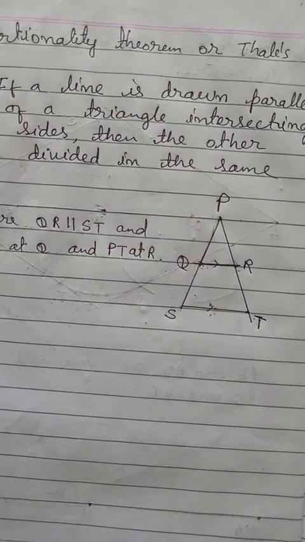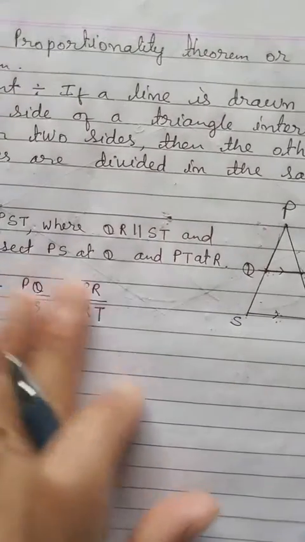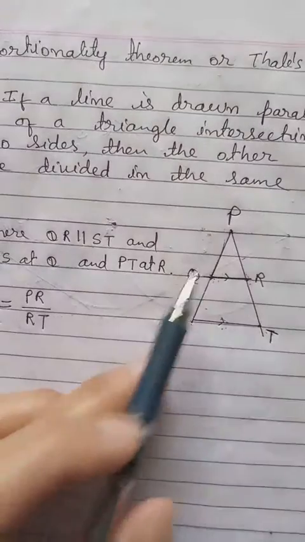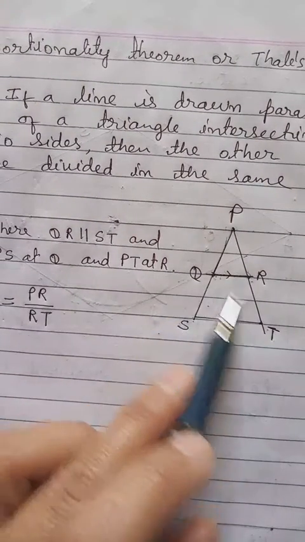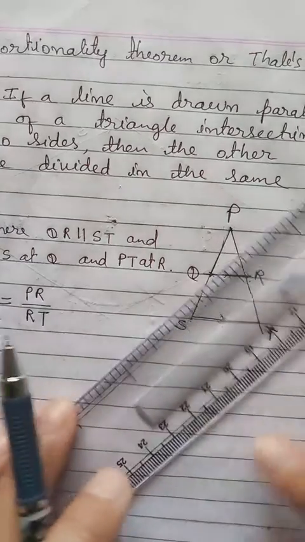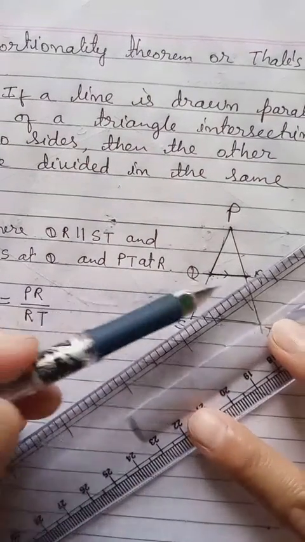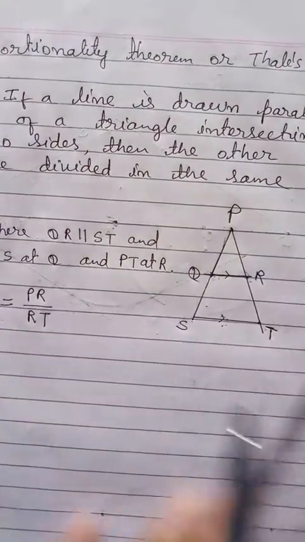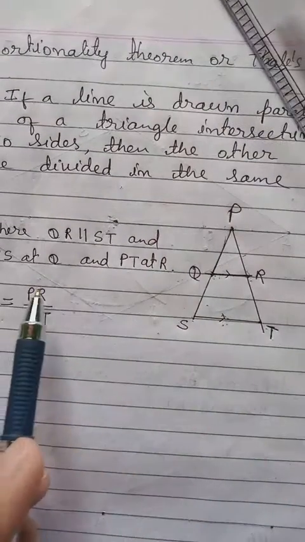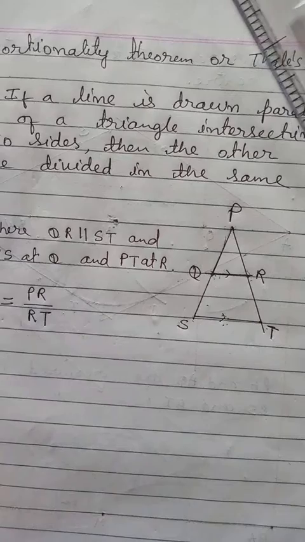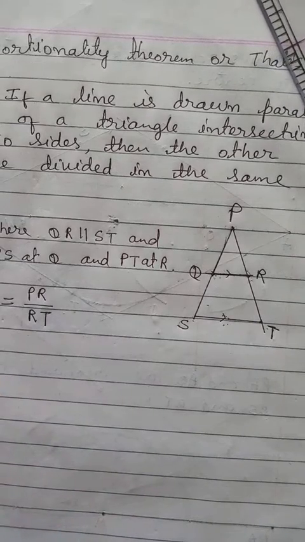To prove this, look at this one. You see this one is a triangle, but here it is a quadrilateral. So we have to make it a triangle. That is why we will join RS. We will also join QT. Then in order to take the ratio, we don't have any other formula except area.